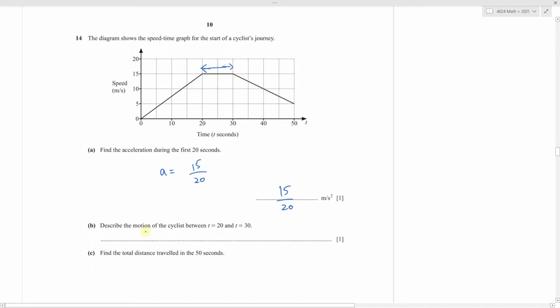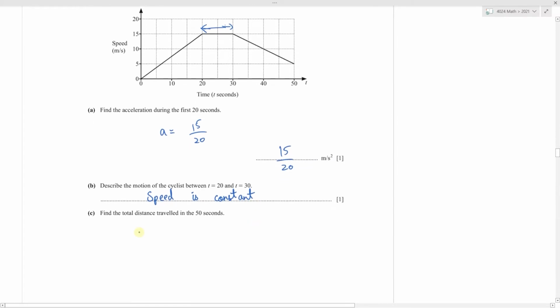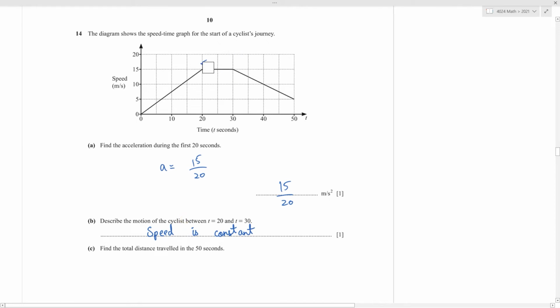The speed is constant. Find the total distance traveled in 50 seconds. So distance traveled is area under the speed time graph. So you have to find this area underneath this graph.